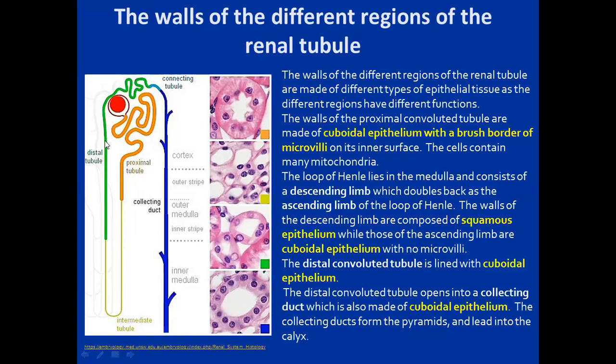No microvilli, not as many mitochondria. And then cuboidal epithelium, no microvilli, just a normal number of mitochondria. Okay, I hope that makes sense, and we'll end the lesson today.